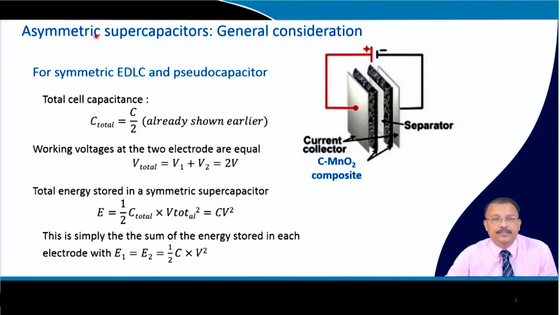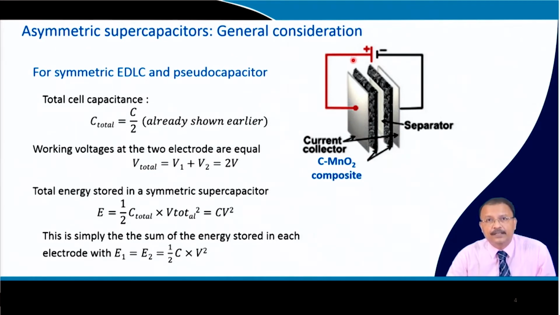In case of this asymmetric supercapacitor, in order to understand it better, you need to understand the symmetric EDLC and pseudocapacitor. So, you can see that if two same type of material is used, this is the current collector, this is, say, your pseudocapacitive material which is basically a carbon MnO2 composite.